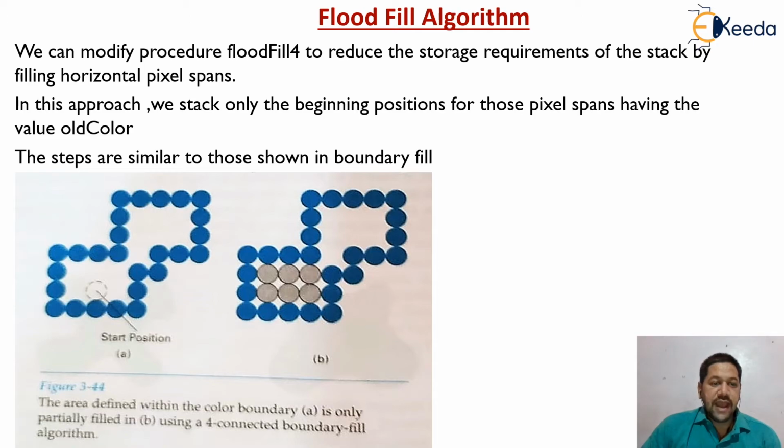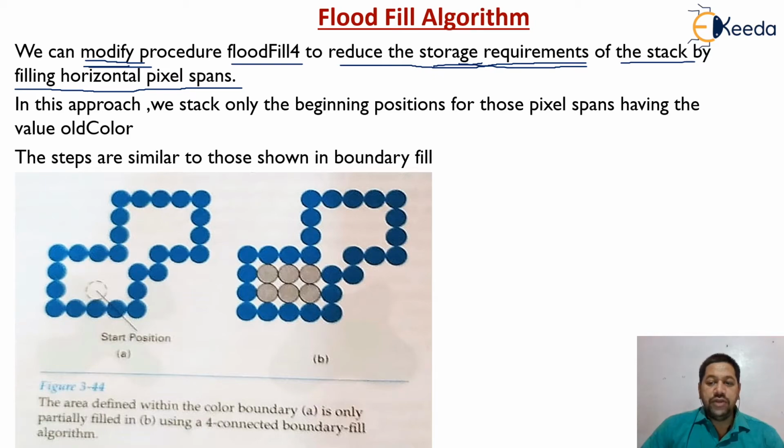We can modify the procedure of flood fill 4. Whatever we have just learned for the recursive flood fill 4 algorithm is correct, no issue, and it will give us the expected result. But we can modify this procedure to reduce the storage requirement, because it requires more storage space. So we reduce the storage requirement of the stack by filling the horizontal pixel span.